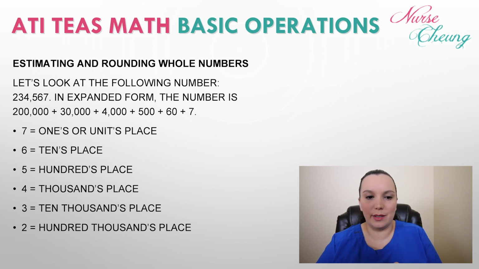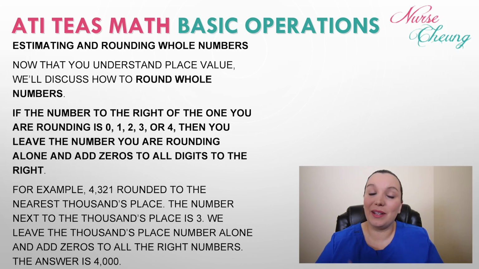It's closer to the decimal. 6 is in the tens place. 5 is in the hundreds place. 4 is in the thousands place. 3 is in the 10,000s place, and 2 is in the 100,000s place. Now this kind of makes sense when you read the numbers. 234,567.